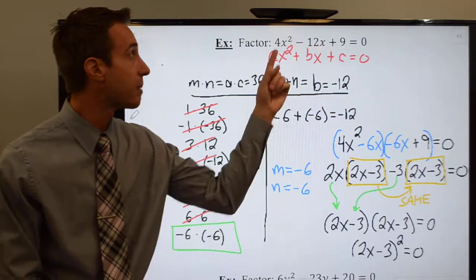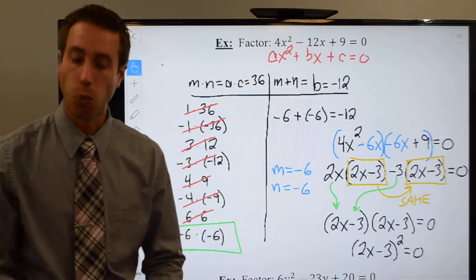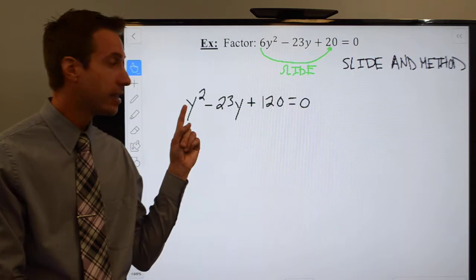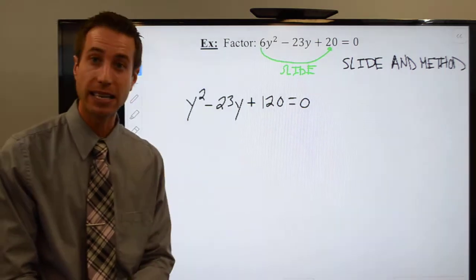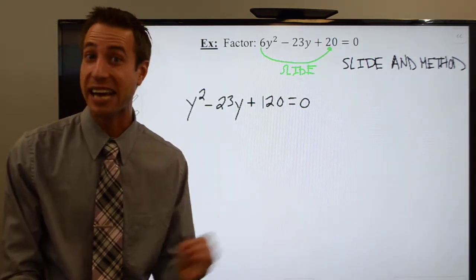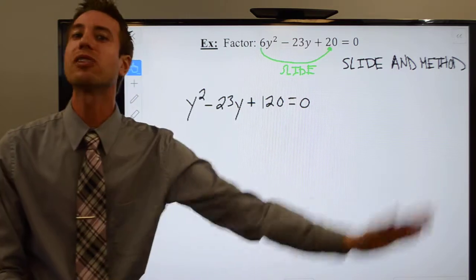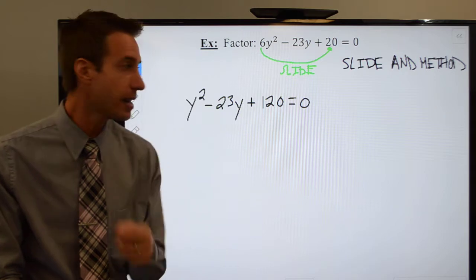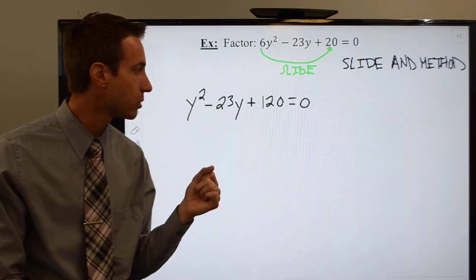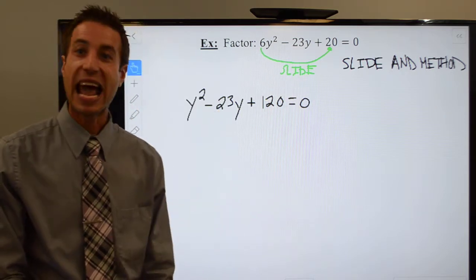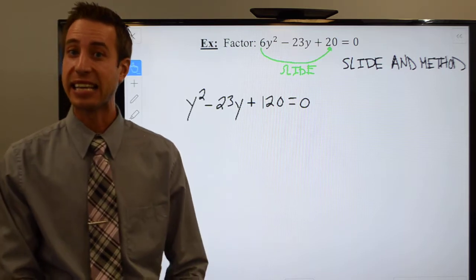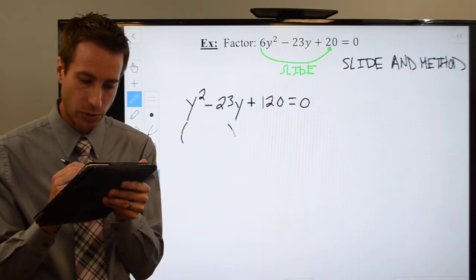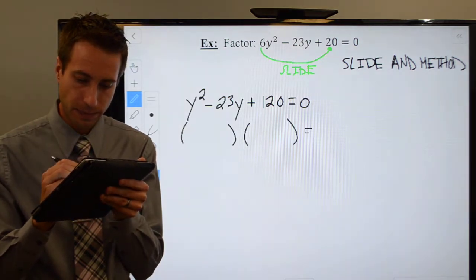But that was because my a wasn't a 1. Check this out. Down here, my a is a 1, and 1 times any number is that number, right? So I get to completely ignore that leading coefficient because it's a 1, and all I need are 2 numbers that multiply to 120 and add to give me a negative 23. So here we go. I think we can come up with 2 numbers that do that.